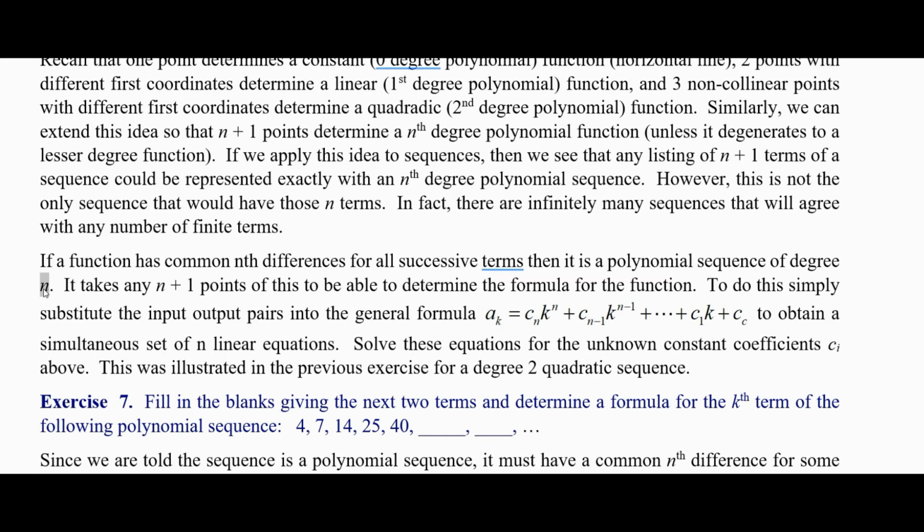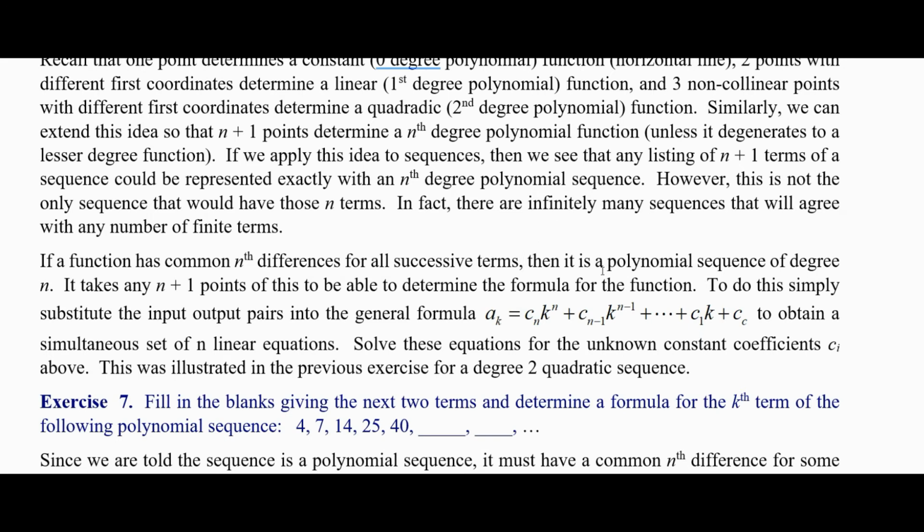If a function has a common nth difference for all successive terms, then it is a polynomial sequence of degree n. It takes n plus 1 points of this sequence to be able to determine the formula for the function.